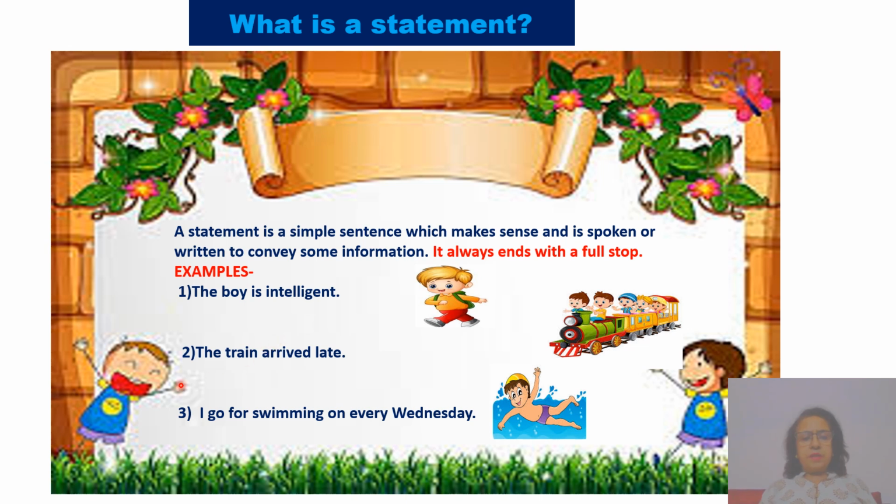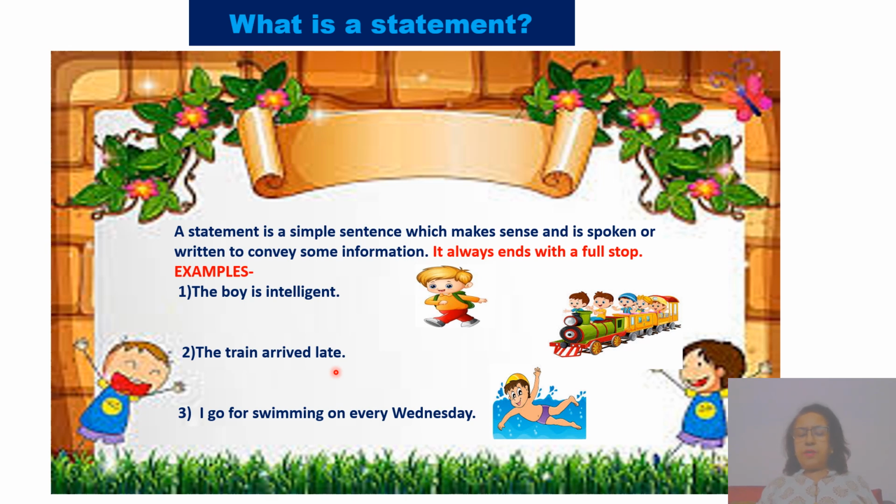So the next sentence is, the train arrived late. Now if you say the train, again, what about the train? But as soon as you say the train arrived late, you are telling somebody that the train that you were supposed to be traveling by has arrived late today.